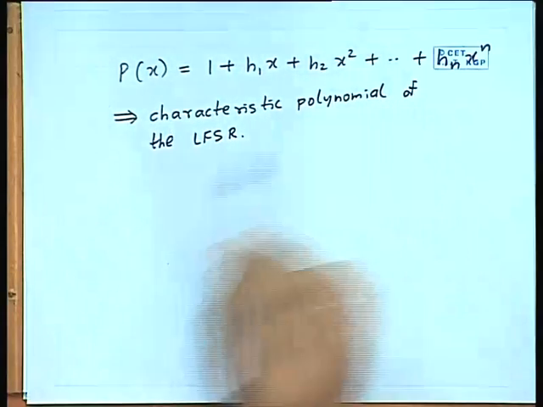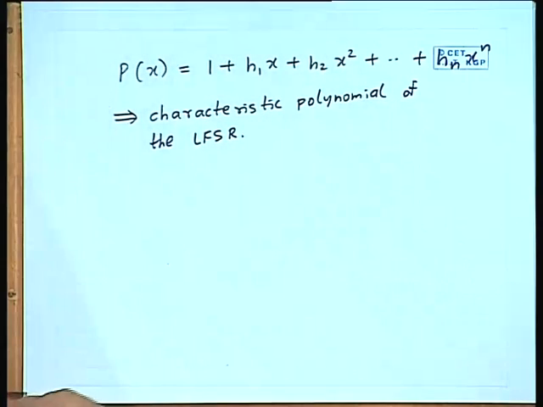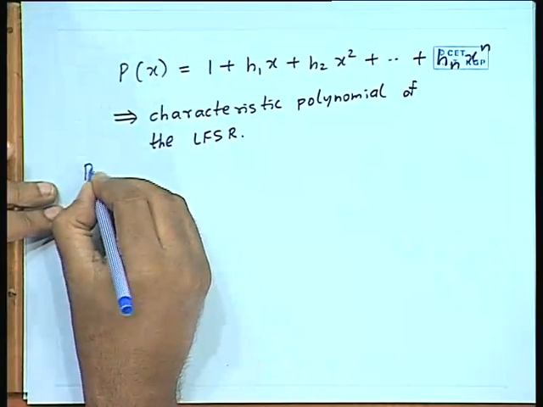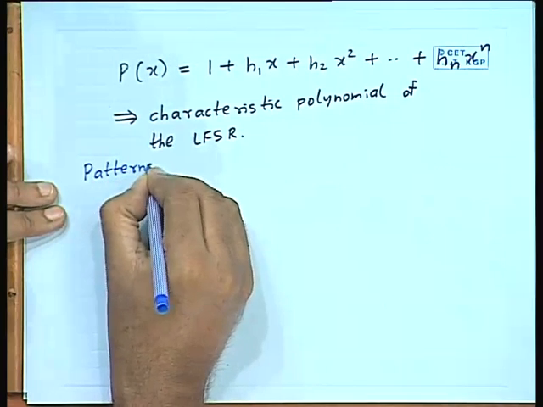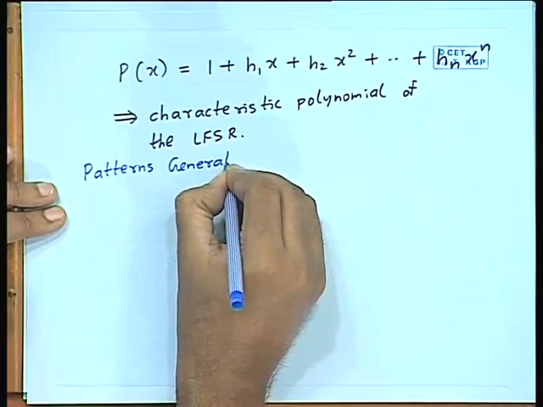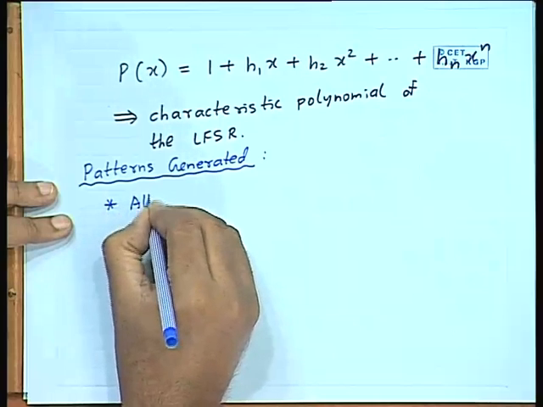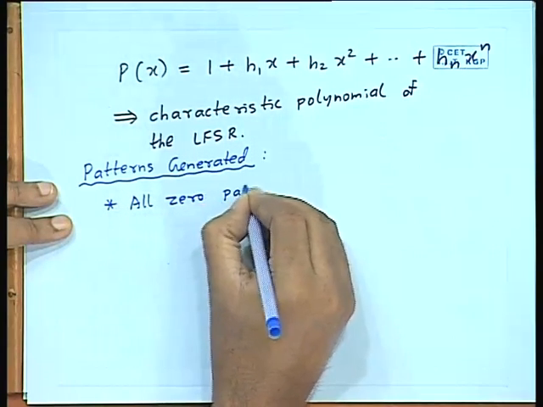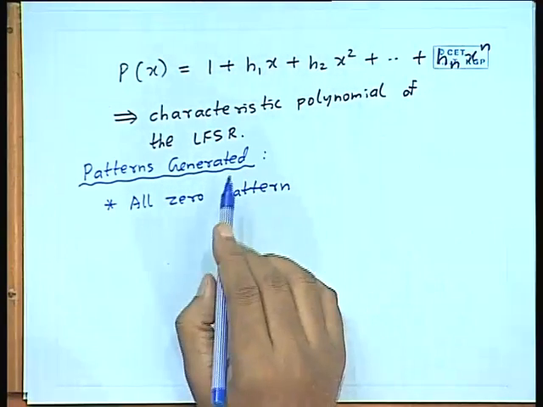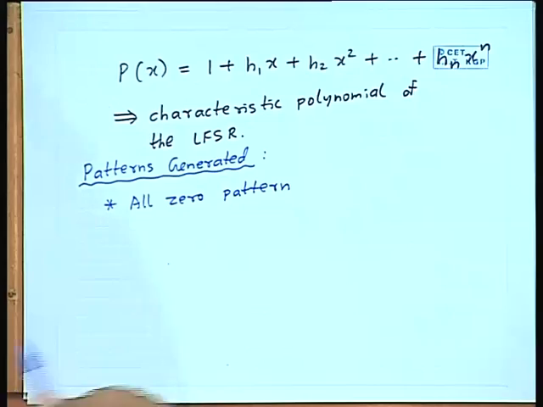Now, it is this characteristic polynomial which defines some properties of the LFSR. If you look at the patterns which are generated by an LFSR, just one thing you can immediately observe: if you consider the all zero pattern, well, if you load the LFSR with the all zero pattern, then you can see that the LFSR will always remain in the 0 state, it will never come out of it, because you are feeding back through an XOR function, and an XOR function with a set of zeros fed to the input will give a 0 as the output.